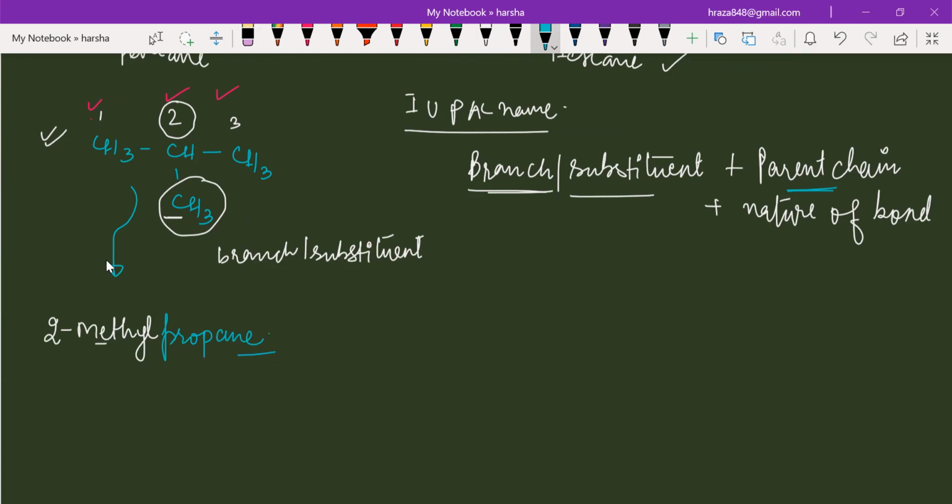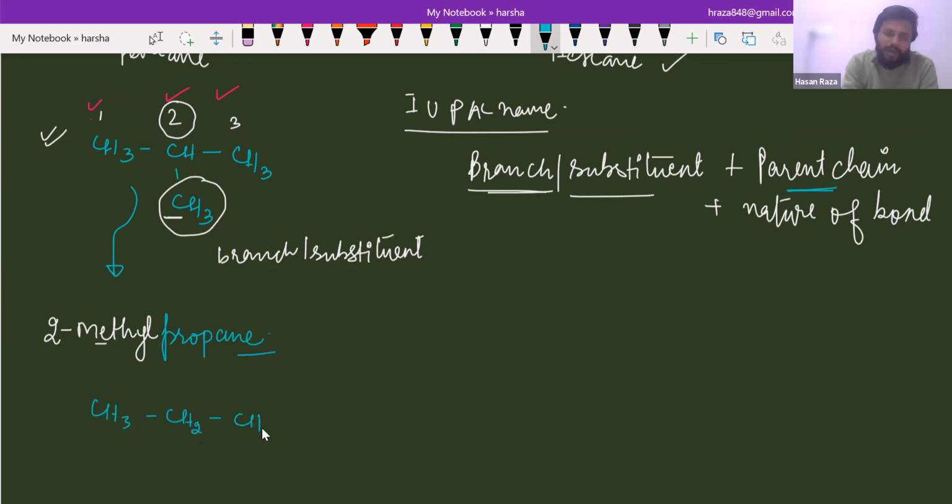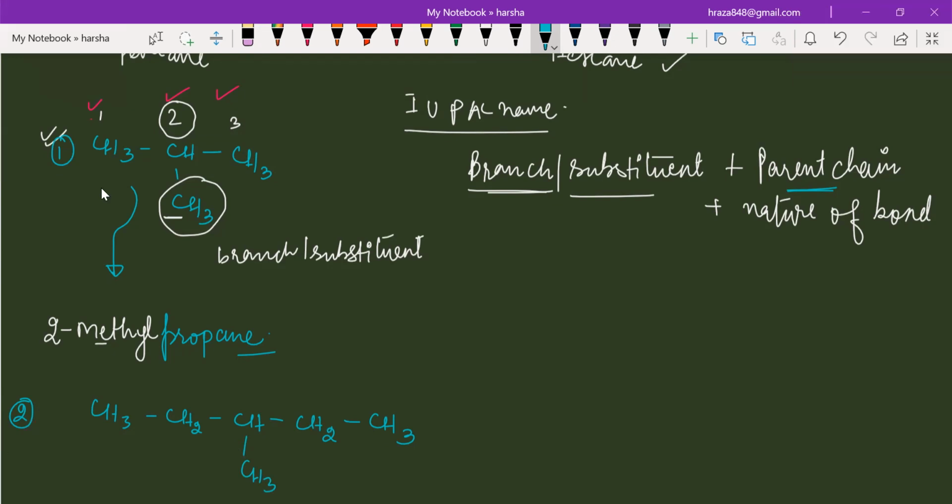Yes, sir. Okay. I am going to give you another question on this, which is very easy to understand. Please write the name of this compound. Three methyl pentane.